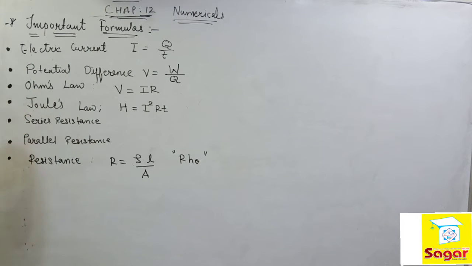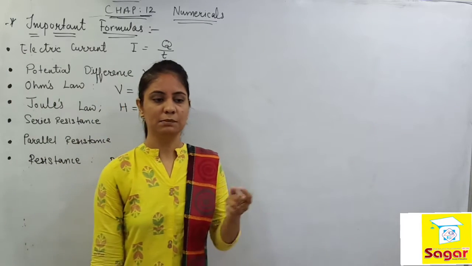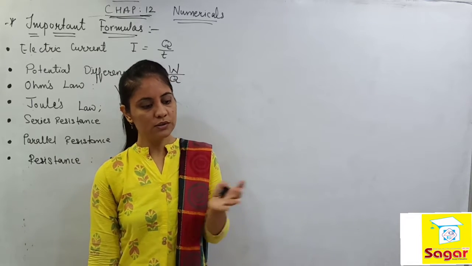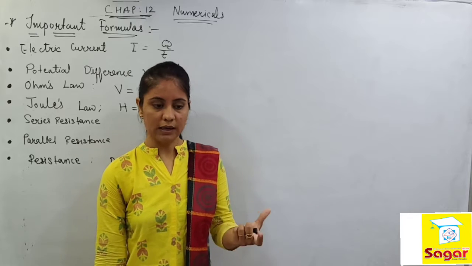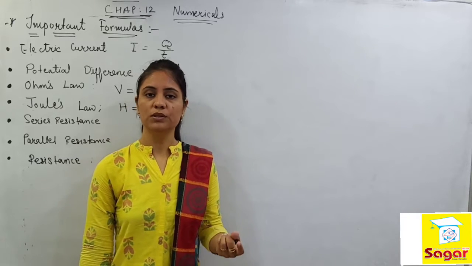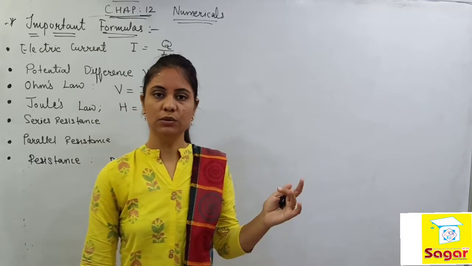Now sometimes you must have seen that some components are attached in series connection, and all those components are also offering some amount of resistance. Suppose you are asked to identify the resistance offered by the components attached in series.